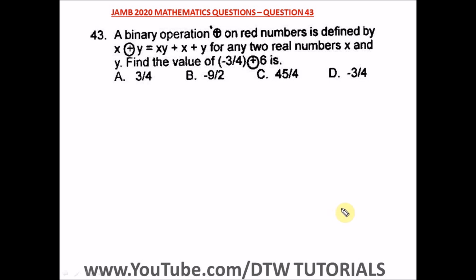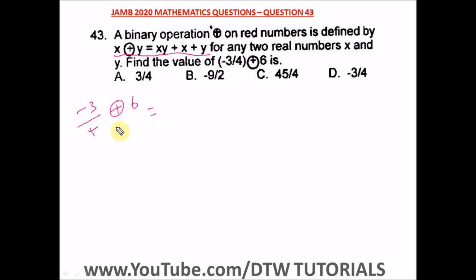It says a binary operation is defined on real numbers by this. Look at this, this is the operation. For any two real numbers x and y, find the value of minus 3 over 4 and 6. This is the operation that we are working with.